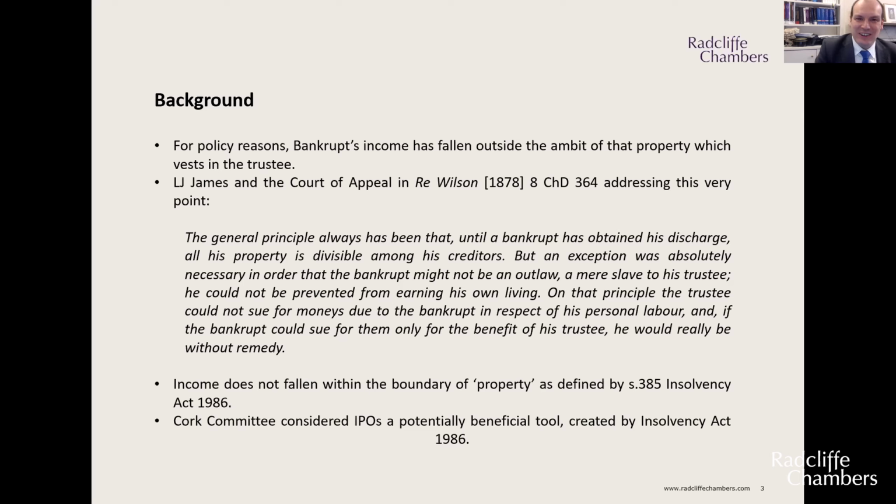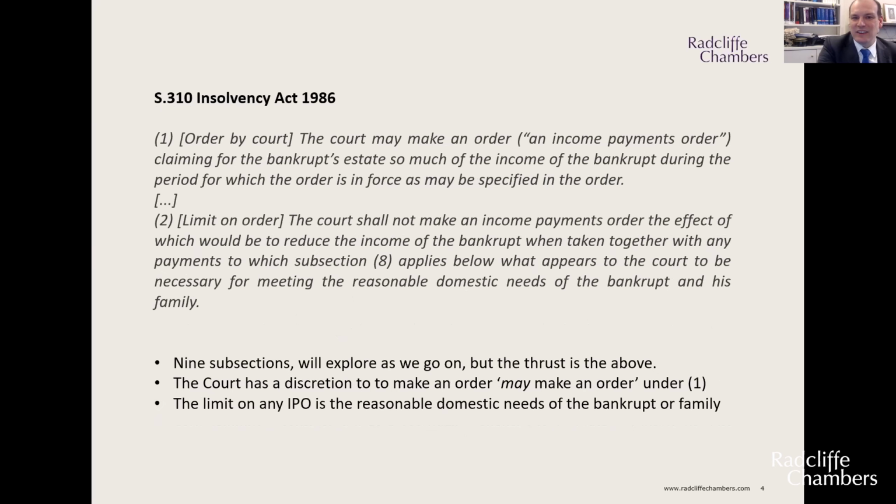However, in the early 1980s, the committee and its report decided that there should be a means by which trustees can try to seek wages or income above what is necessary for the bankrupt to survive. That in essence, creditors shouldn't be put out by not being paid, where a bankrupt might have declared himself bankrupt but might be pulling in tons of money under some highly remunerative salary. So IPOs were brought in by the Insolvency Act in 1986.